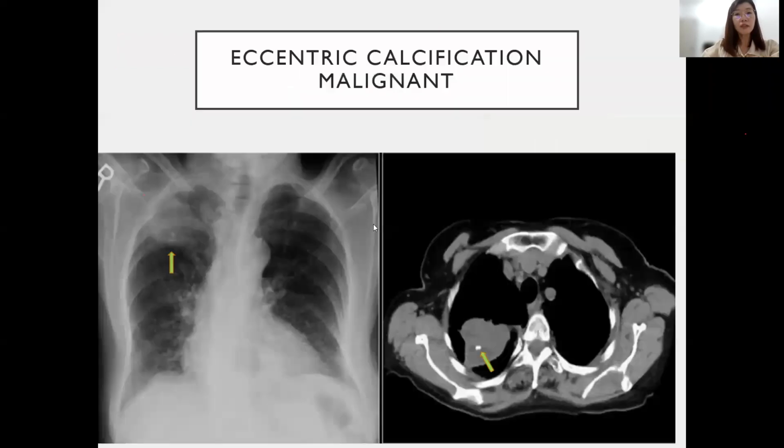Okay. If there is an eccentrically located calcification, it is always malignant. Just like this lung mass, even without the calcification I would think it is malignant because of the irregular border and it's quite a big mass here. But on top of that, if there's eccentric calcification, it is an added positive point showing a malignant lesion here.